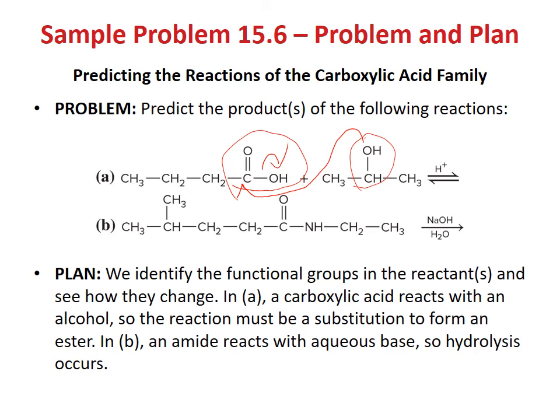In B, we see an amide, CO double bond with nitrogen. In water, it will hydrolyze back to the carboxylic acid and amine. Now, because we have a base, the carboxylic acid should react with base to give you sodium carboxylate. So the final product should be sodium carboxylate plus an amine.